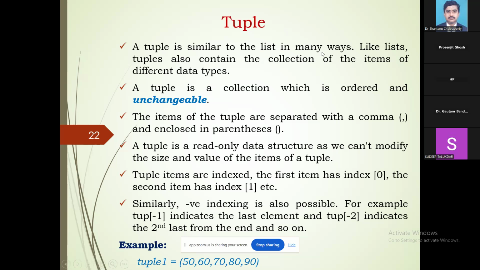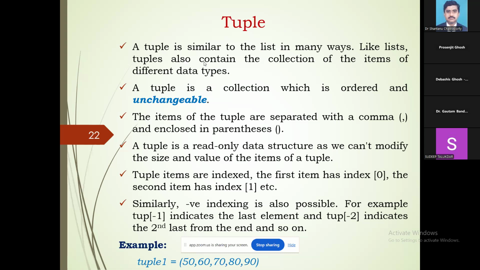A tuple is a collection which is ordered and unchangeable. This is very important. If you give the tuple in your Python code, you can never change it. But if you give your data in the list form, you can change it. So that is the difference between list and tuple.